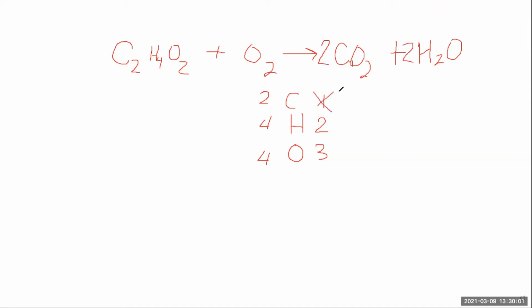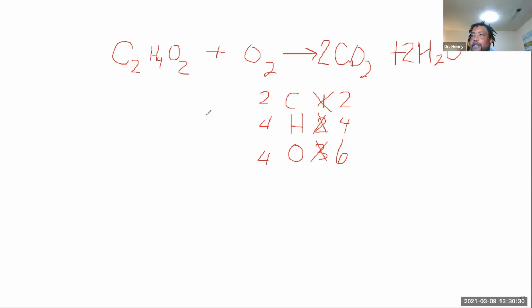Now how many O's? Okay, so we have to adjust our O's. How many O's do we have? 6. 2 times 2 is 4 plus 2 times 1, that's 6.